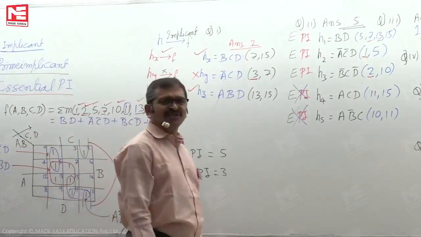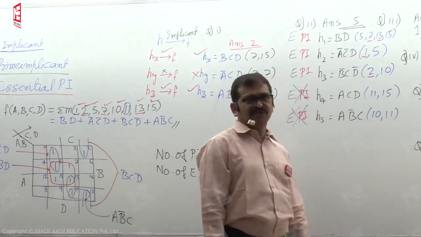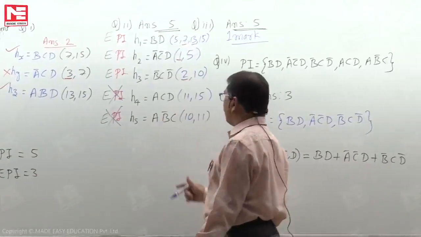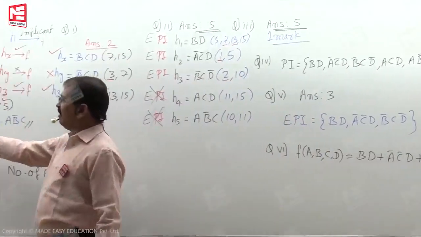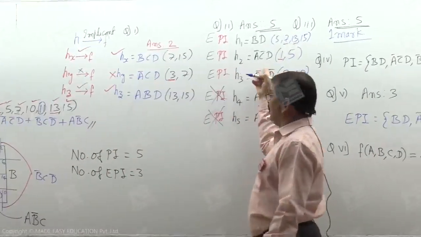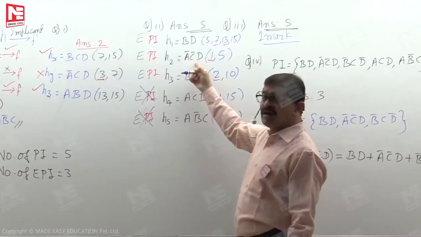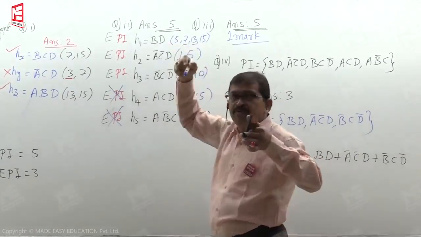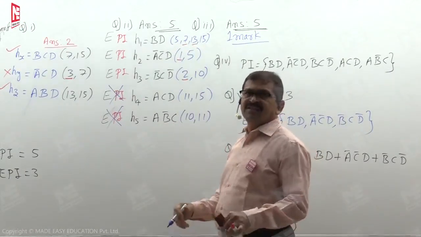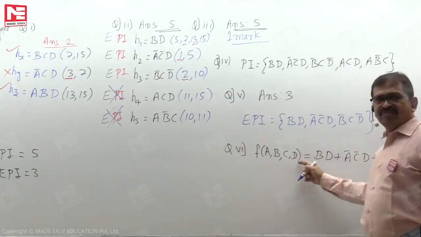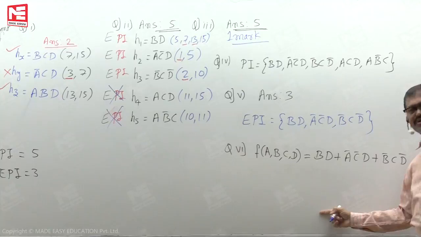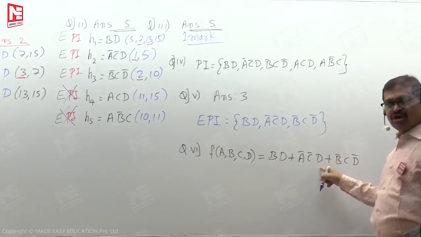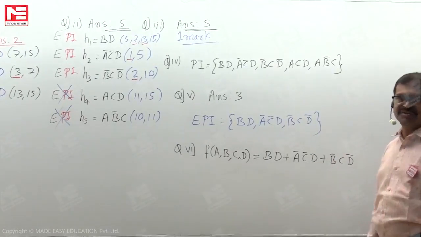Now, why must essential prime implicants be present in every possible minimal expression? For example, to cover the minterm 1, the only product available is A complement C complement D. In fact, that is the reason we call this product an EPI. Whether the function has 1 minimal form, 2 minimal forms, or 10 minimal forms, in all of them the product A complement C complement D must be present to cover minterm 1.